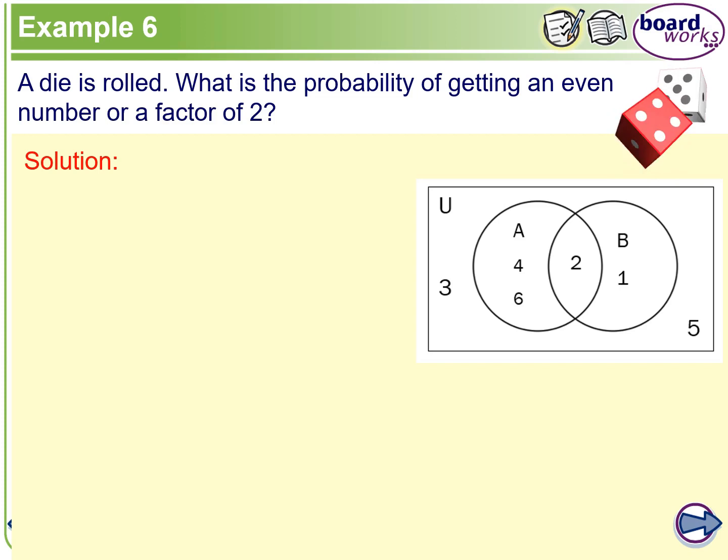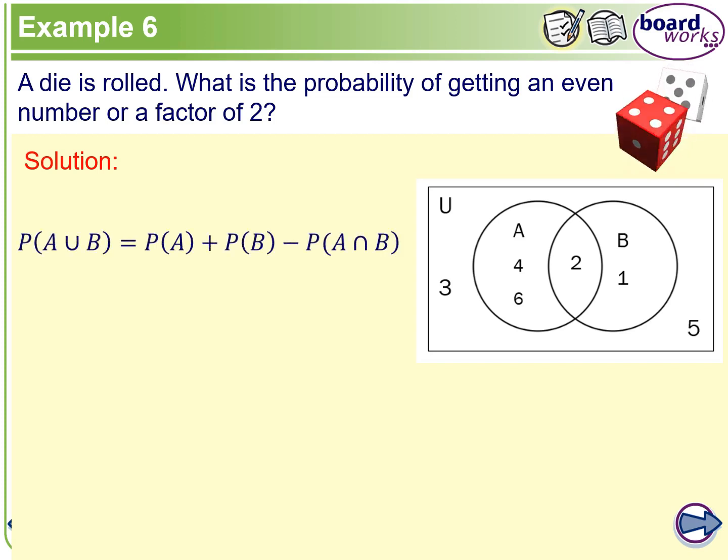They have a common element, 2. In solving, the probability of A union B is equal to the probability of A plus the probability of B minus the probability of their intersection. So the probability of A, getting an even number, plus the probability of factors of 2, minus the intersection.